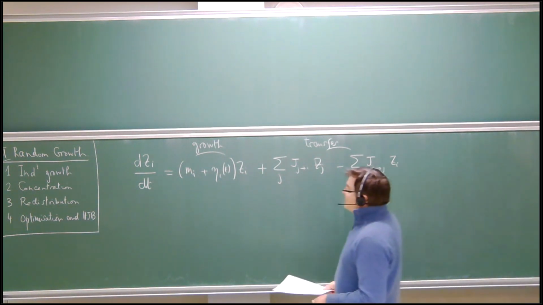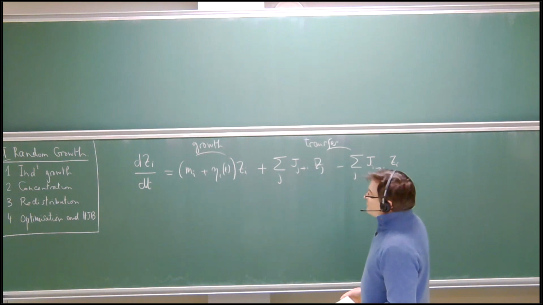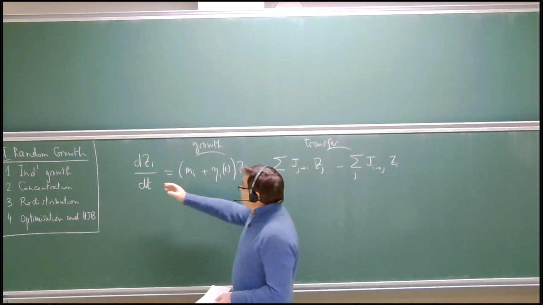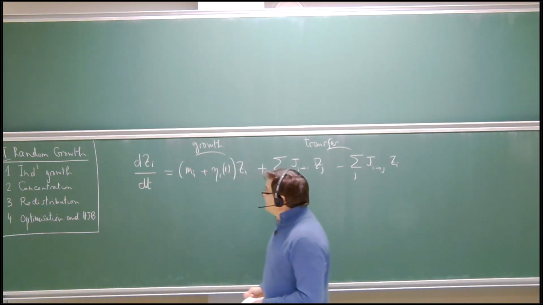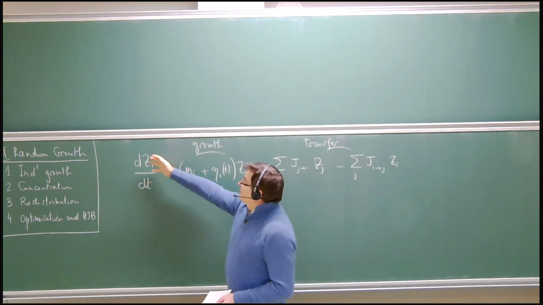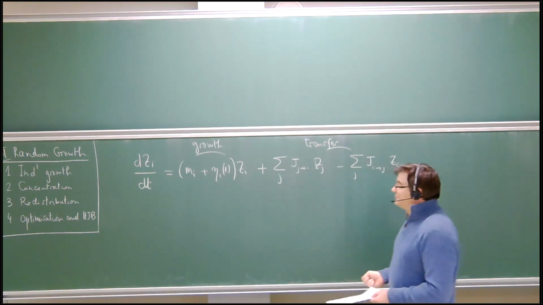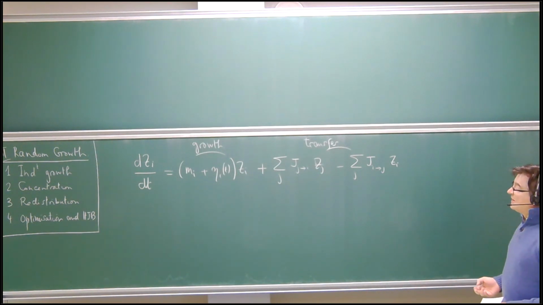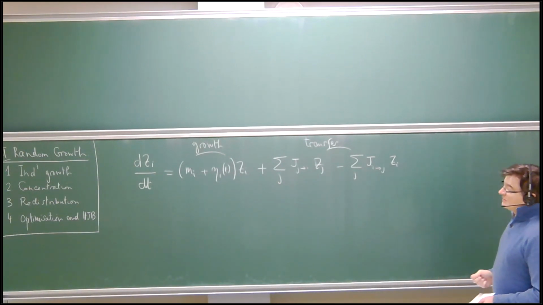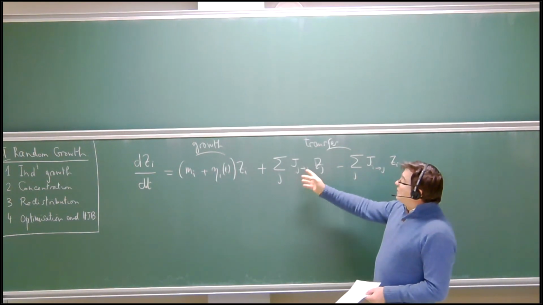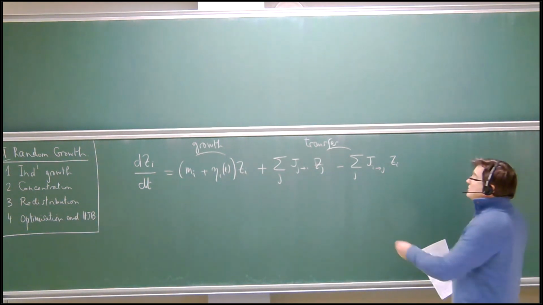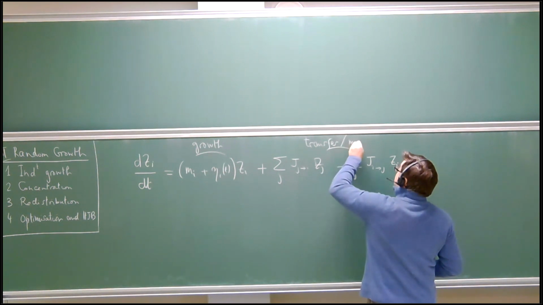But imagine another framework for this equation, which would be the growth of viruses of a certain type. So i would be the type of a virus, very appropriate these days. Viruses can grow or disappear, hopefully, at an exponential rate, but they can also mutate. So these would be mutation rates. You can mutate from j to i, and you can possibly mutate back from i to j. So this is a model for mutation, if you want.